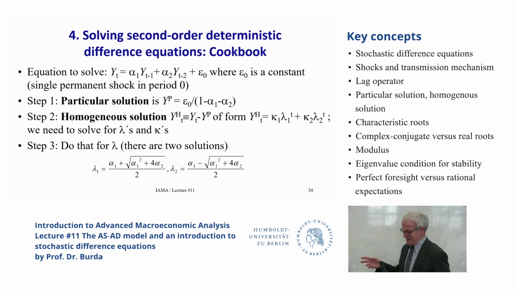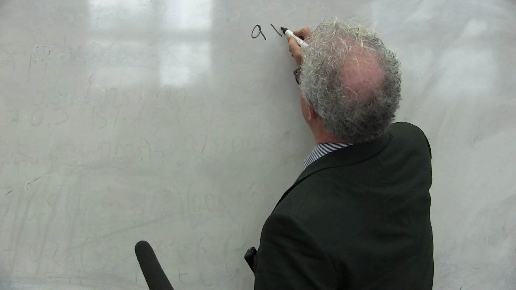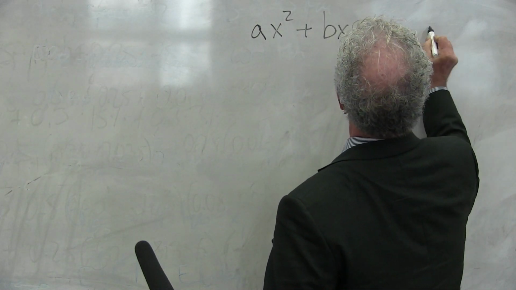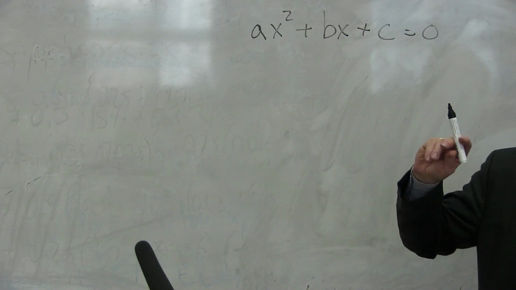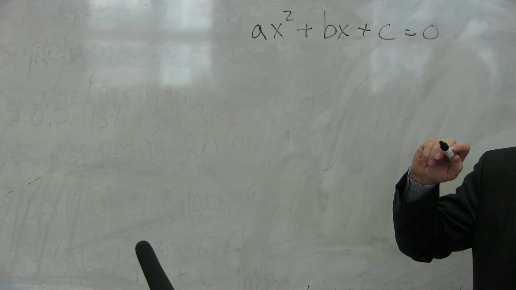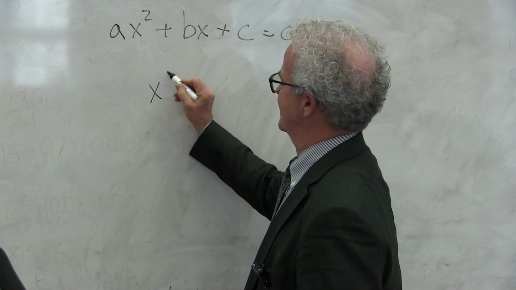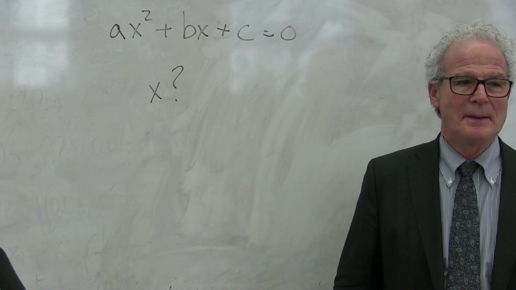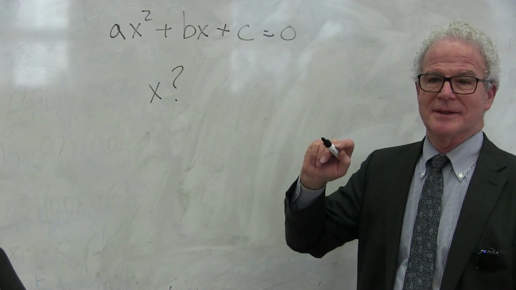I'd love to write this down because this is like the drama. The drama is important. So a times x squared plus bx plus c equals 0. Now, when I was in 9th grade in high school, I learned how to solve that problem. What is x? a is a constant, b is a constant, c is a constant.